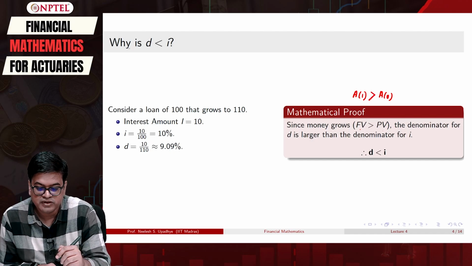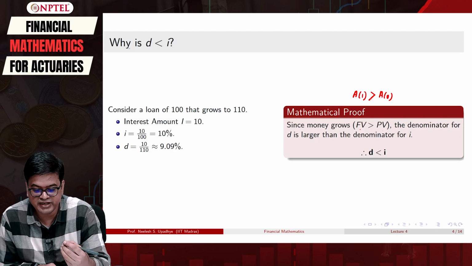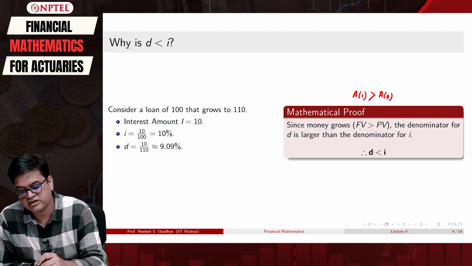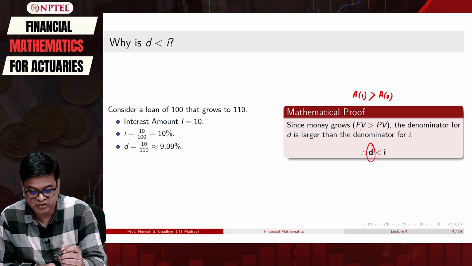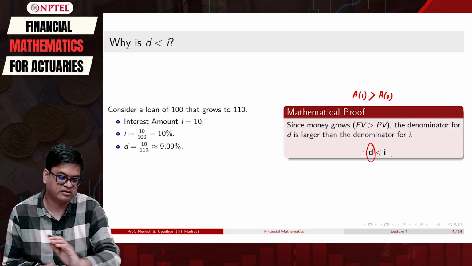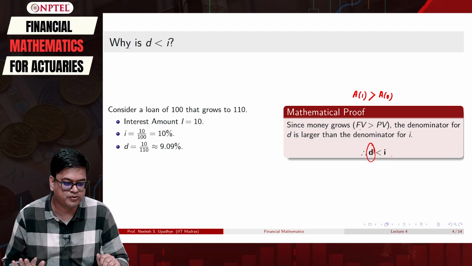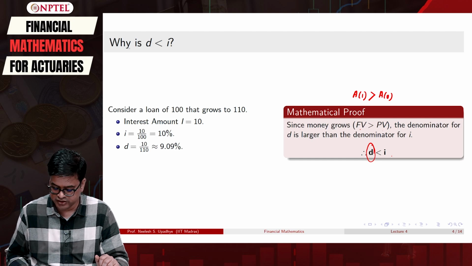Therefore you will always have a heavy denominator when you are calculating a discount rate, and that is why D is going to be less than I. So now we have proved that D is always going to be less than I.